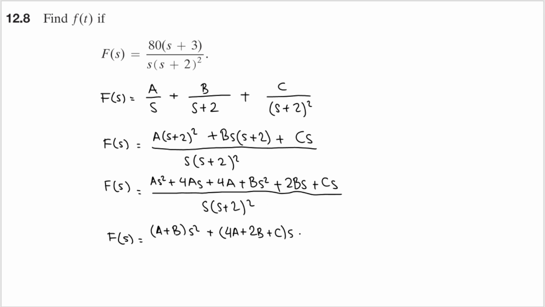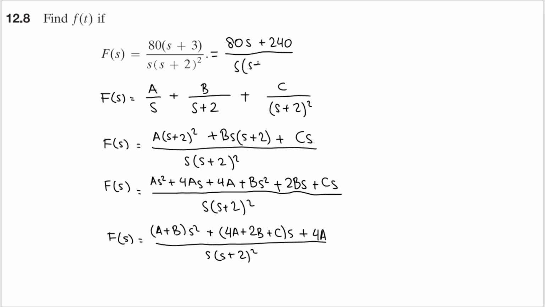So we will have plus 4A, and all of that will be divided by s multiplied by (s plus 2) squared. Okay, maybe let's break down the numerator of this one. This will be 60s squared plus 240, divided by s and then multiplied by (s plus 2) squared.